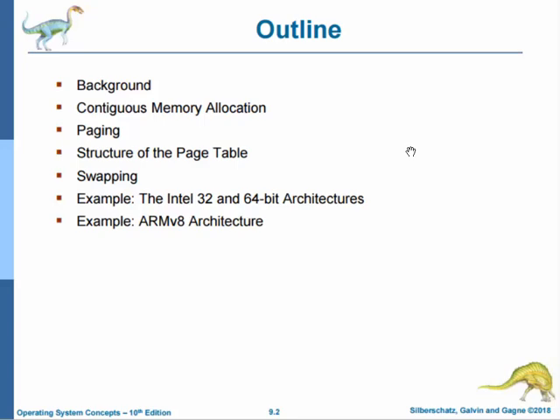We'll also discuss paging, and then the structure of the page table. We will also discuss swapping, and then we will give some examples of the different architectures, such as the Intel 32 and 64-bit architectures and the ARM version 8 architecture.